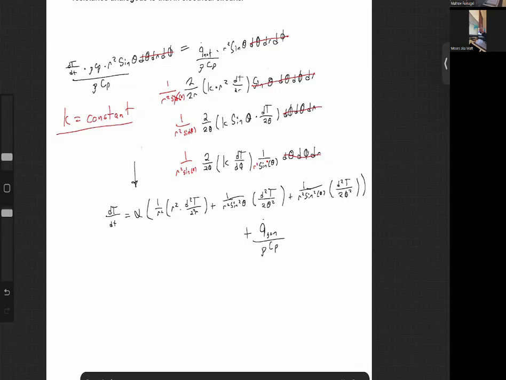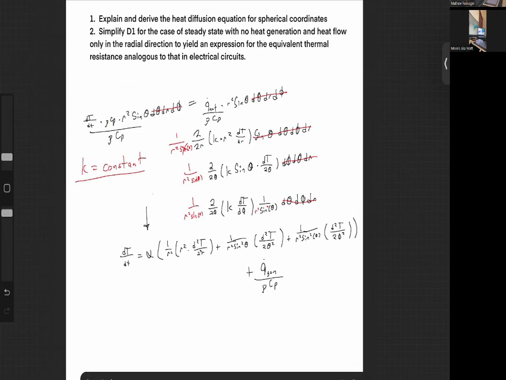So for the next part, we'll be focusing on the simplification for a type of problem and then compare that to electrical circuits to show that thermal resistance is analogous with electrical resistance.